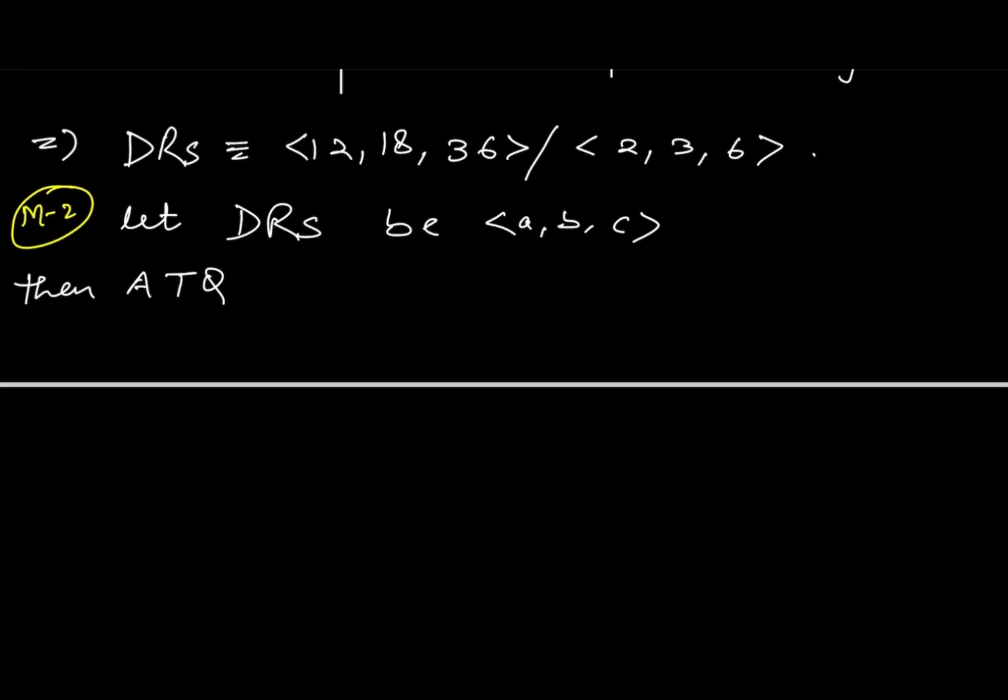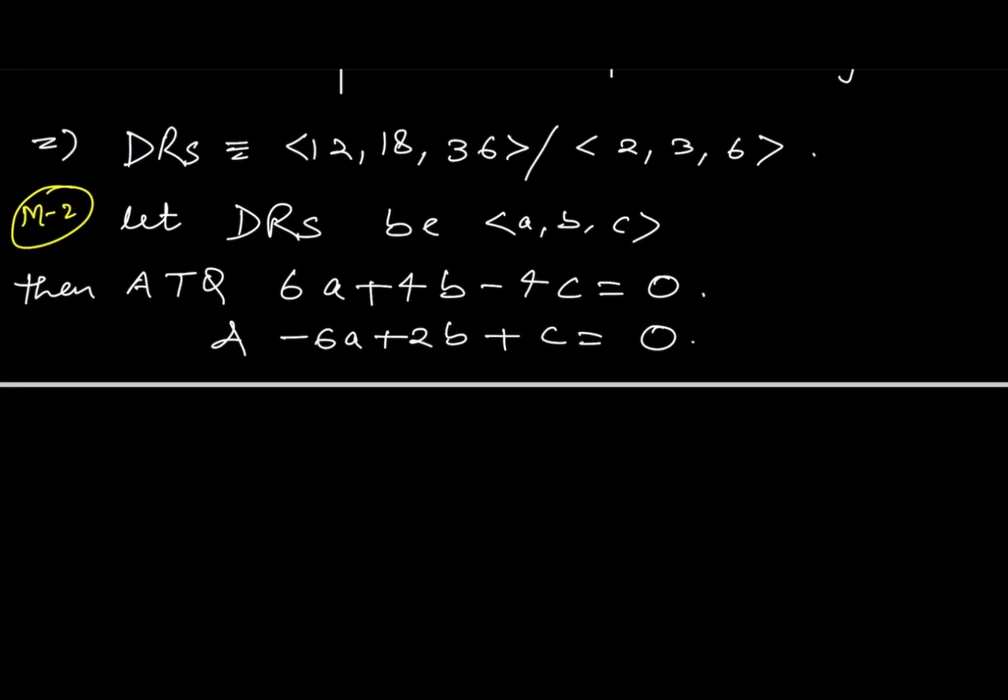That is 6a plus 4b minus 4c is equal to 0, and minus 6a plus 2b plus c is equal to 0. Because in question it is given that line having DRs a, b, c is perpendicular to the lines having DRs 6, 4, minus 4 and minus 6, 2, 1. So in that case, sum of product of DRs must be 0.